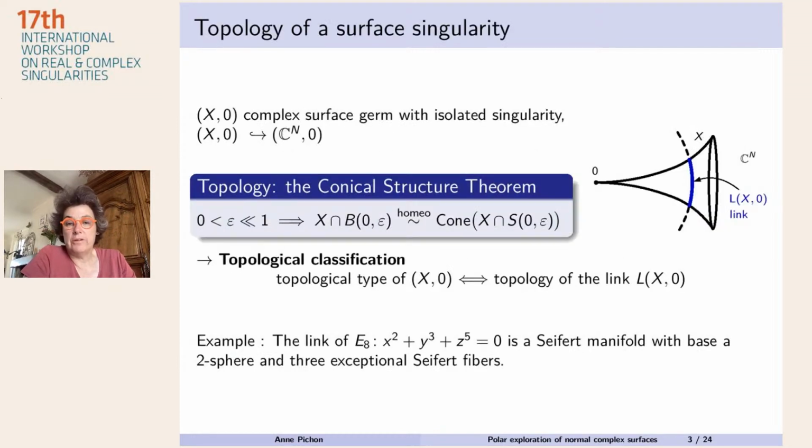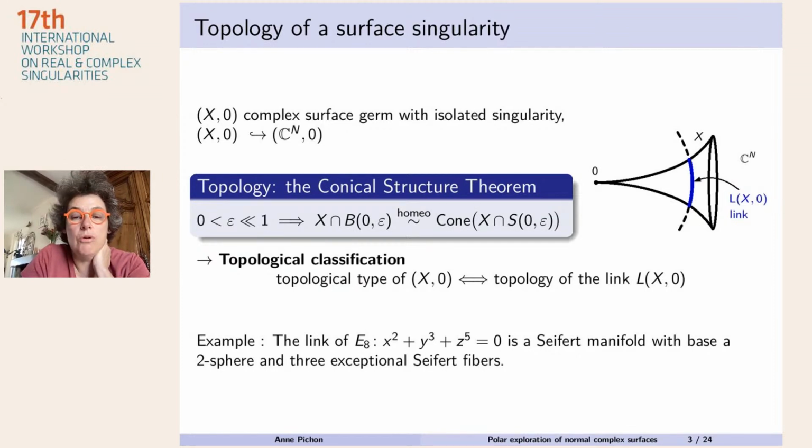So the problem is the following. I will start with very basic results. Take X0, a complex surface germ with an isolated singularity at the origin, and consider an embedding of X into C^n for n sufficiently big.